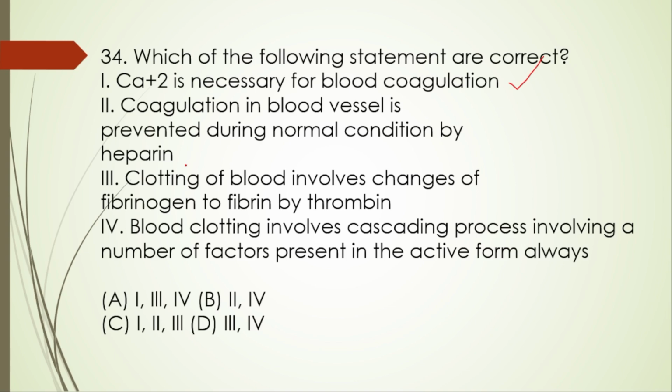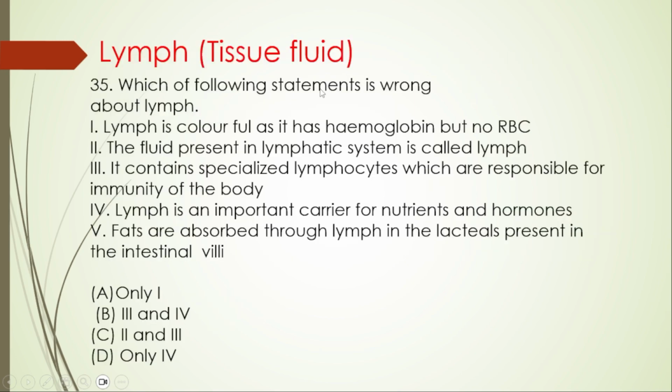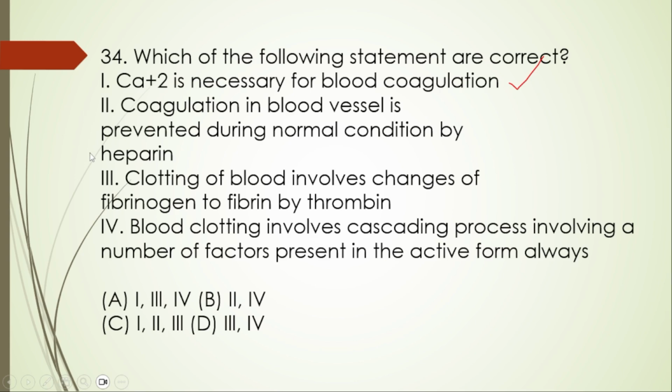Next question, that is question number 34. Which of the following statements are correct? Calcium ion is necessary for blood coagulation. Correct. Next, coagulation in blood vessel is prevented during normal conditions by heparin. This is also correct.